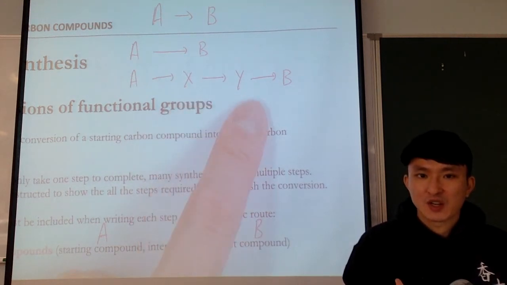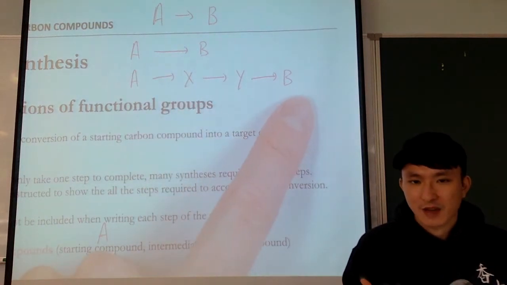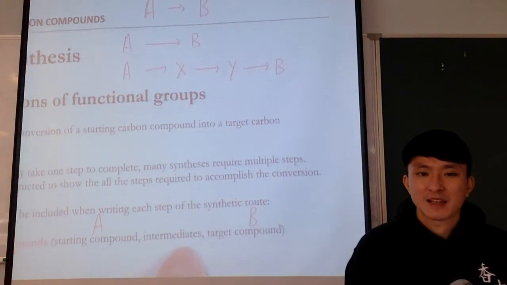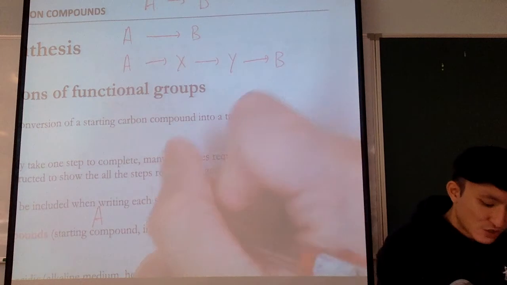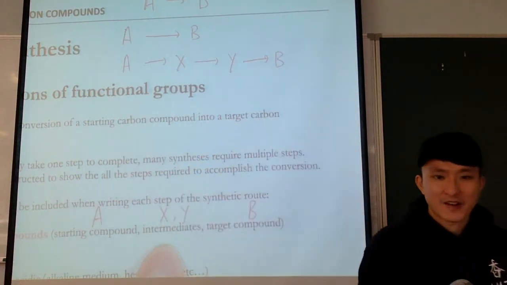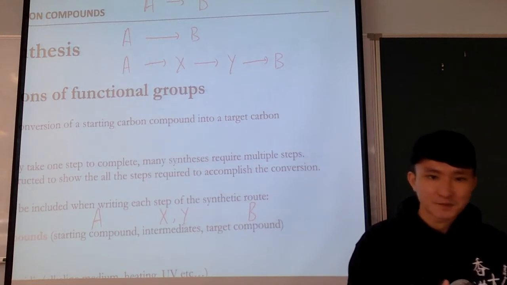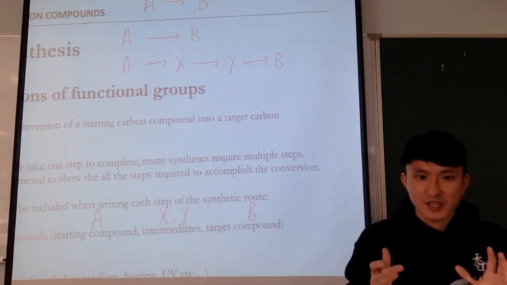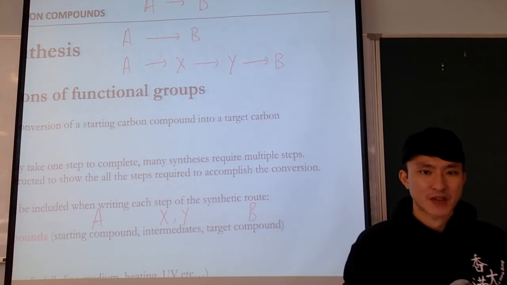They are not the starting compound, they are not the final compound, and these 2 are what we call intermediates, something in between. So in our synthetic route, we must show very clearly the structure of all these carbon compounds.